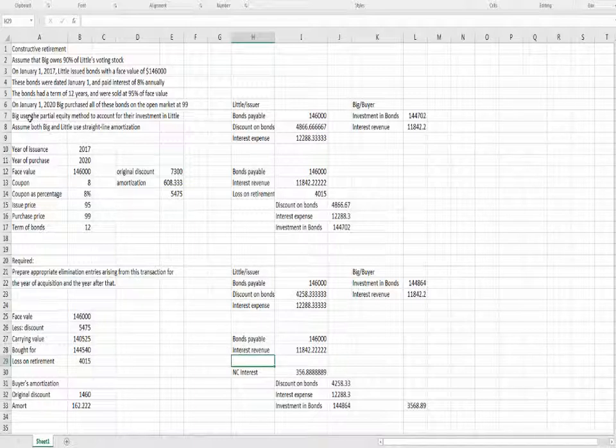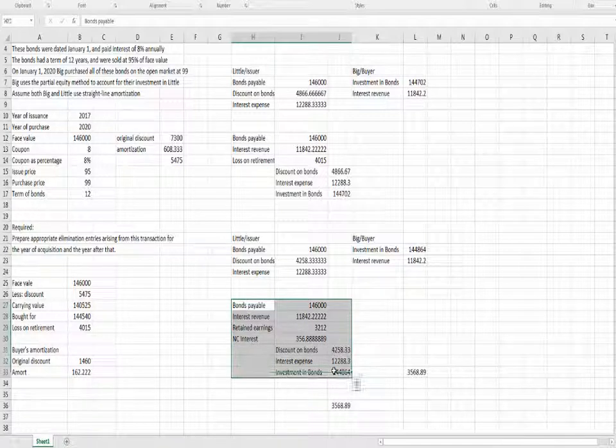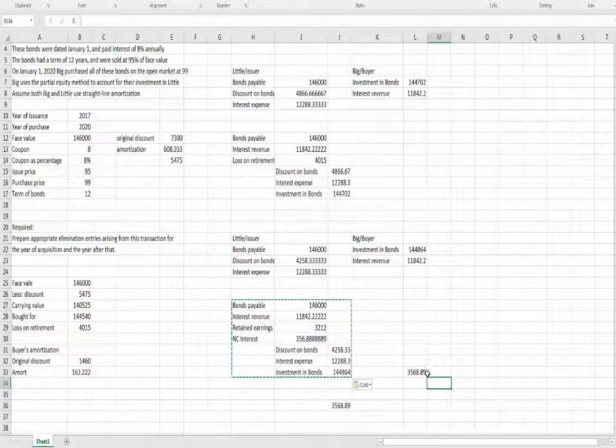It says Big uses the partial equity method, so we're going to go ahead and debit retained earnings for their 90% of that $3568.89. Okay, so there we have our solution to the constructive retirement question, assuming straight line amortization was used.